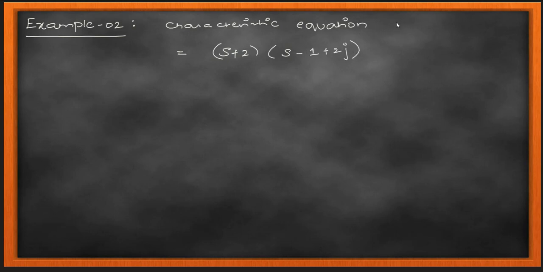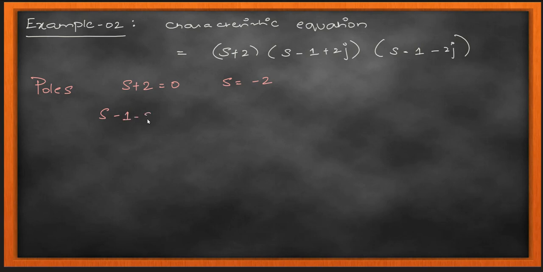For a factorized form, getting the poles is easy, but if you have a polynomial, say s to the power of 5 plus s^4 plus s^3 plus s^2 plus s equal to 0, you won't be able to factorize it so easily, and factorization could be very, very time consuming. For that case, we have a few tests like the Hurwitz criterion and the Routh array criterion, which we'll be seeing in the coming lectures.